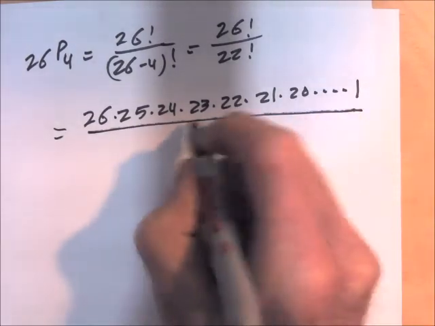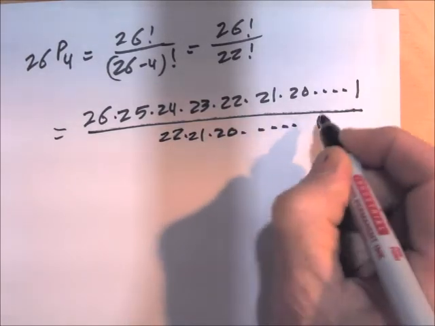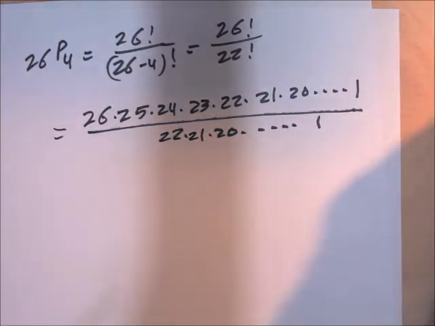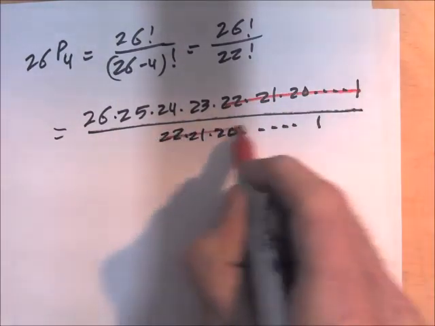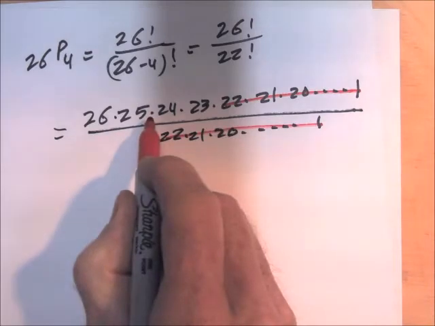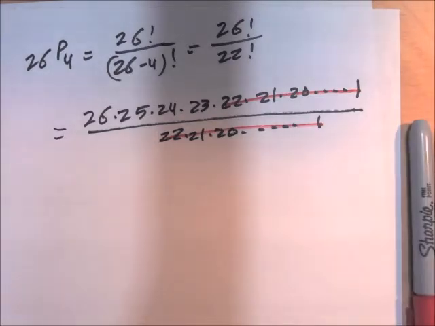And 22 factorial, 22 times 21 times 20, etc., all the way down to 1. So 22 on down will cancel, and we're just left with 26 times 25 times 24 times 23.